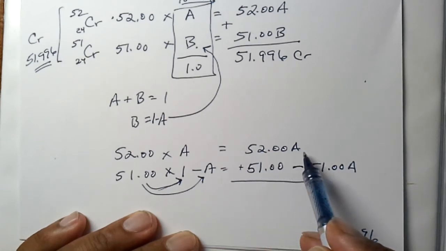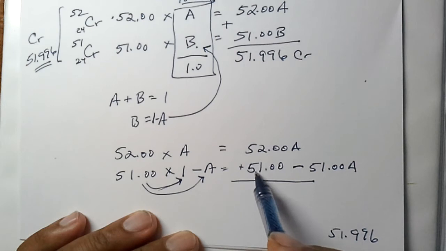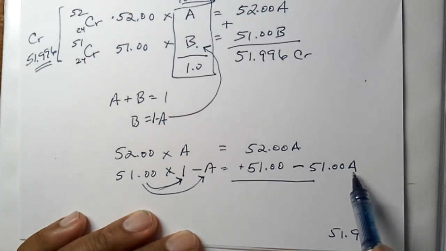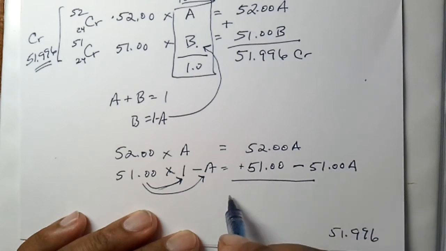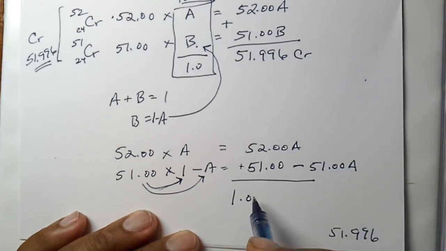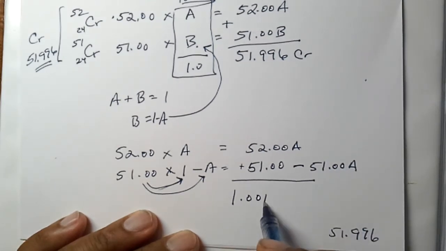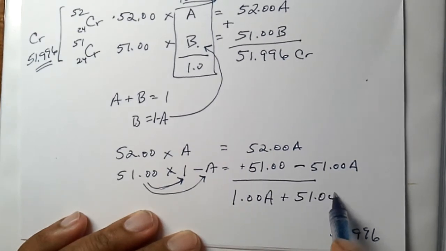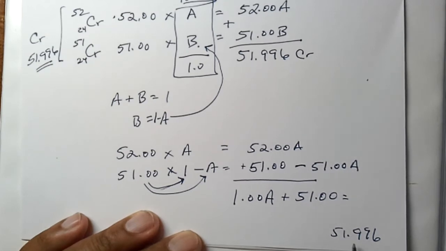If we add 52A plus negative 51A, what are we going to get? We're going to get 1.00A plus our 51.00. And that equals, again, this, 51.996.